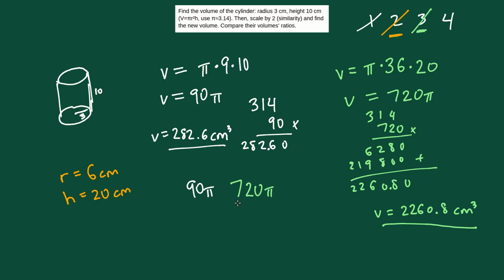And if we look at this, 720 divided by 90 is a whole number, that's 8. So for step 4, compare the volumes ratio: we can see that the new volume is 8 times the old volume. Okay, and we are done. There we go.